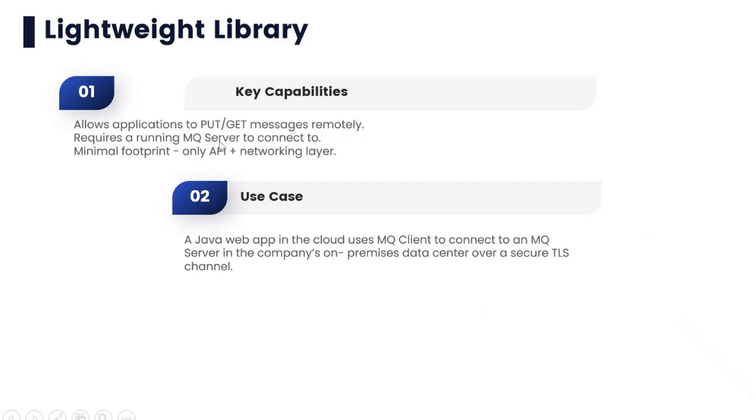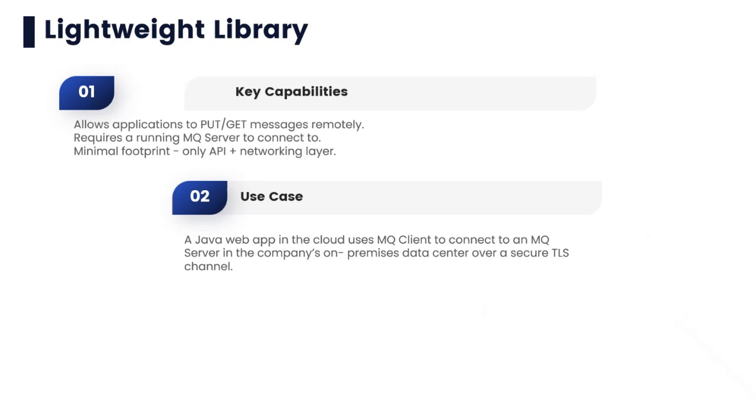It requires a running MQ server to connect. So this library itself does not host any queue manager, right? The queue manager will be hosted on a separate IBM MQ server.